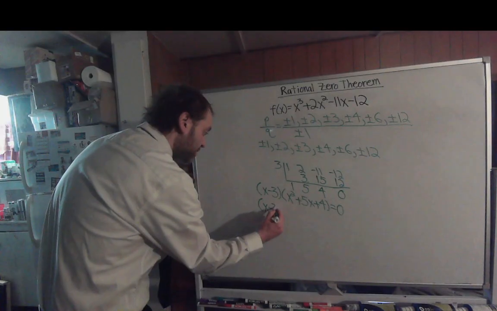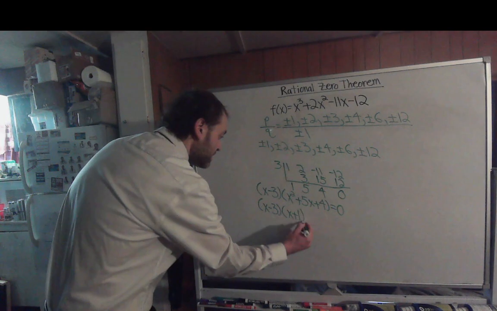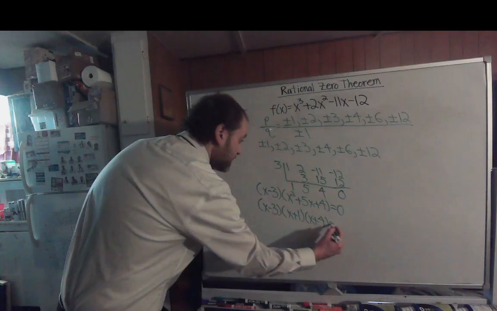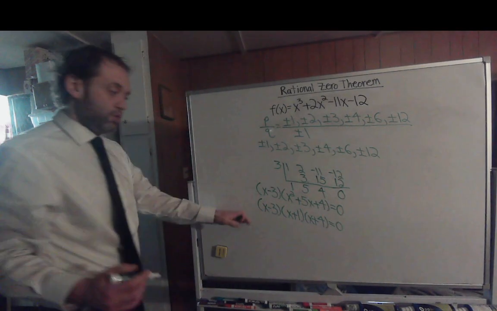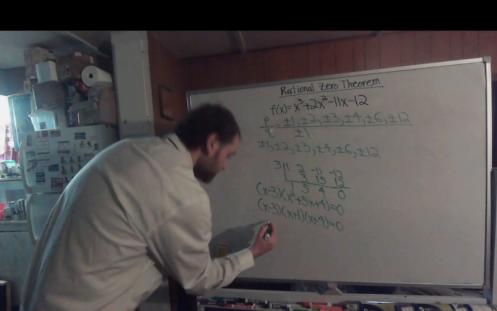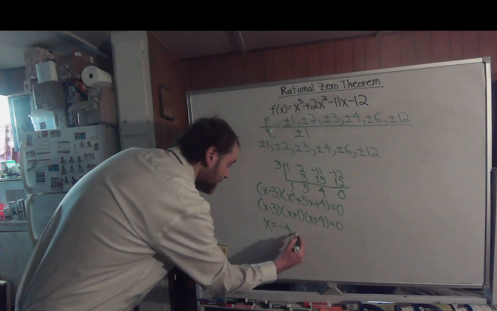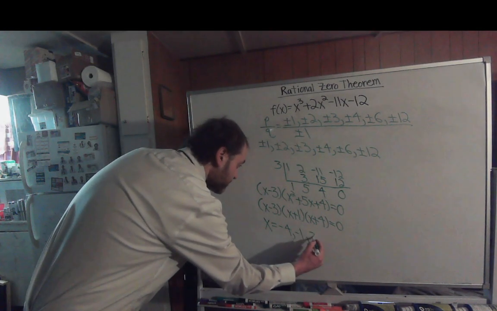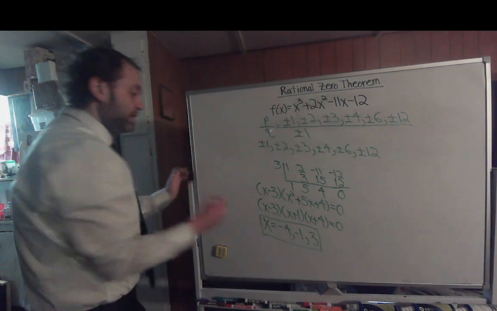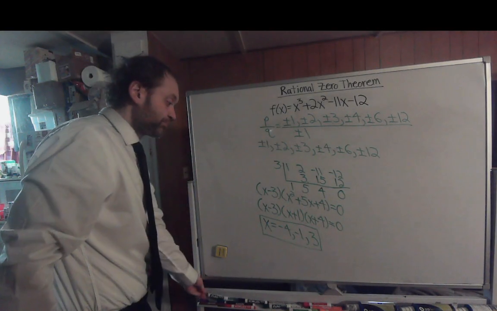You'll have x minus 3 times the quantity of x plus 1 times the quantity of x plus 4 equal to 0. And what do you know? You have 3 linear factors. So just set each factor equal to 0. You'll get x equals negative 4, negative 1, and positive 3. So those are the 3 solutions to this. X would equal negative 4, negative 1, and then 3.